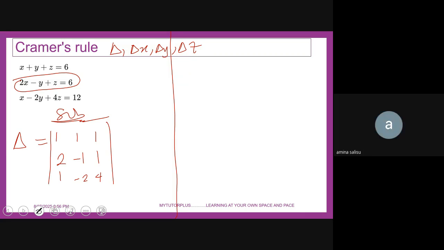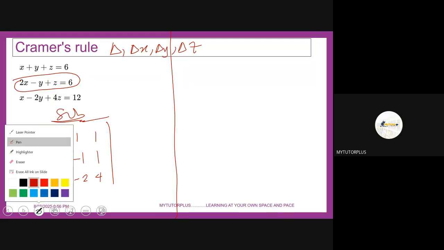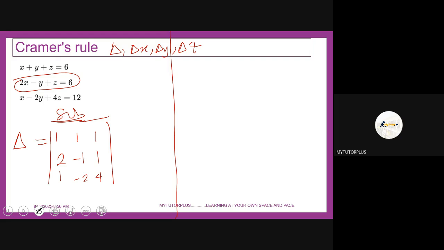Now let us go ahead and find the value of the determinant of this, using the same procedure I told you earlier. I will first pick 1, cancel everything we have on the column of 1 and everything we have on the row of 1. What am I going to have in this case?